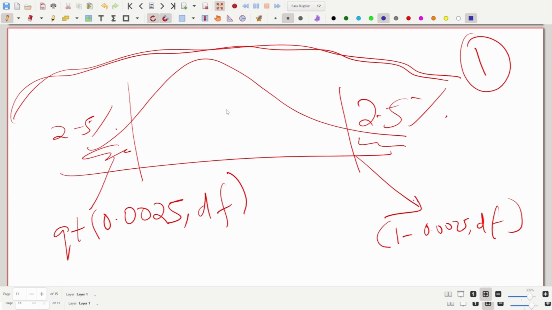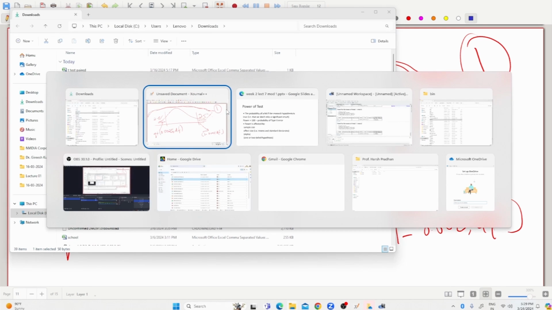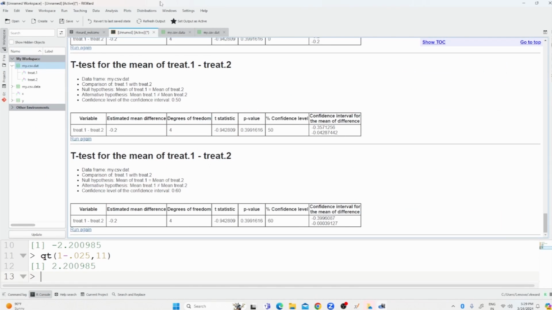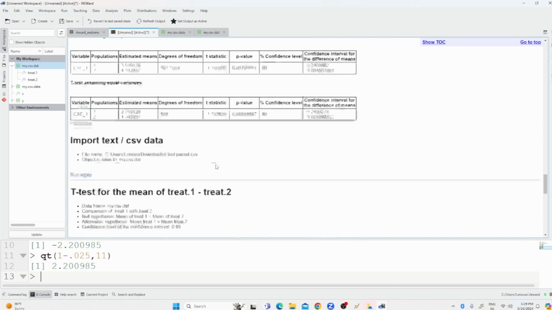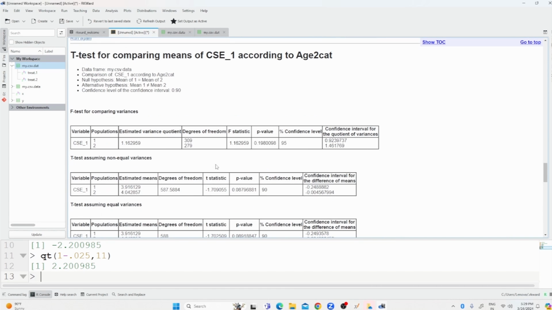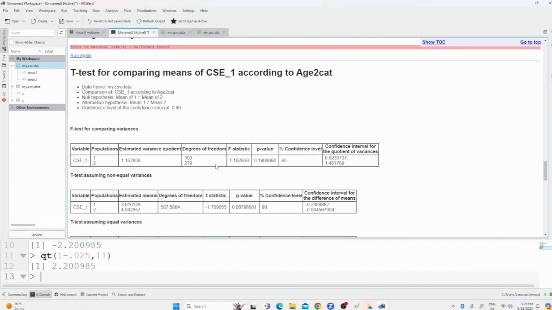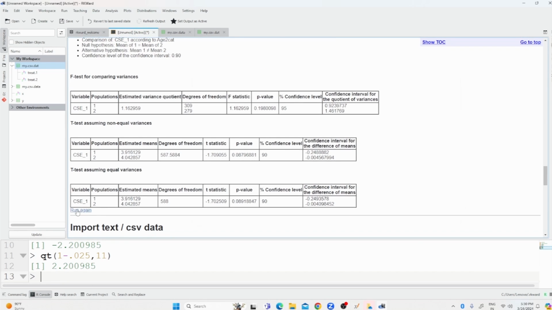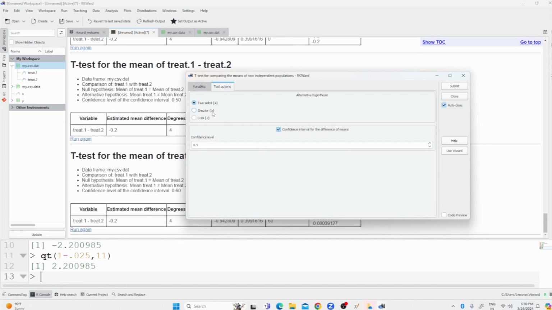It is a two tail test because it is bidirectional, and the alternate hypothesis is that they are not equal. But if the hypothesis is less than or equal to, please see that, that is what we have. Please check it here. Test option.